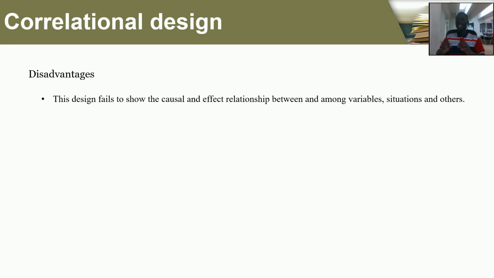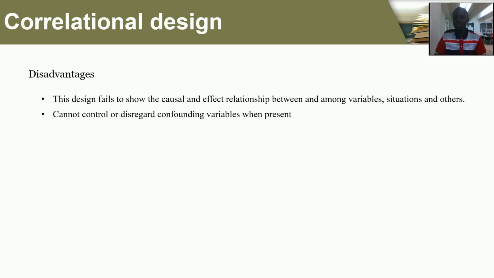But this design cannot categorically and emphatically state the causal relationship and be bold enough to tell you that yes, drinking or smoking is the cause of heart disease. I can only assume or predict that as someone takes in more alcohol or smoke, the person is at a higher risk of getting heart disease.